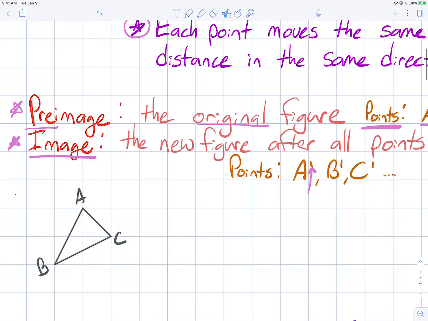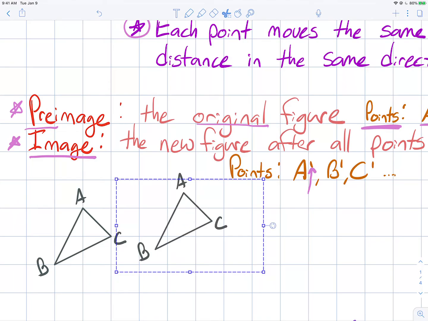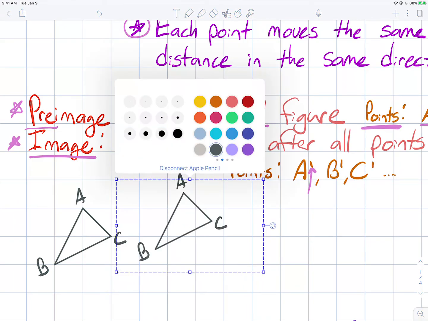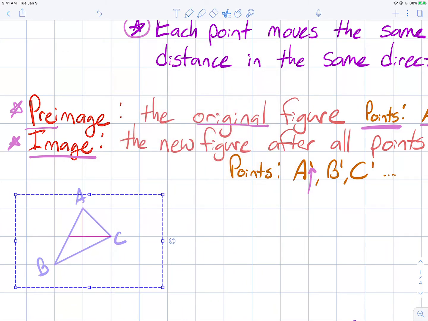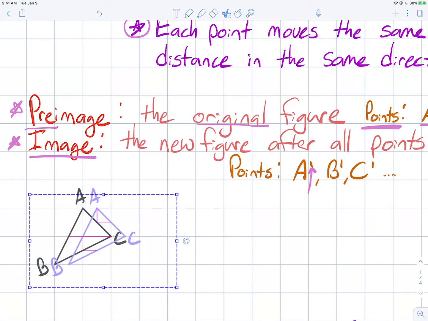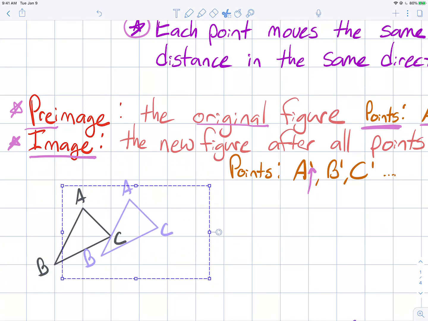So let's just say I had this lovely triangle, A, B, C. I'm going to copy and paste this triangle, and I'm going to change its color just so we can see where exactly it's going. It is originally in the same exact spot as its original triangle. If I were to translate this, that means I'm moving it right or left, up or down.